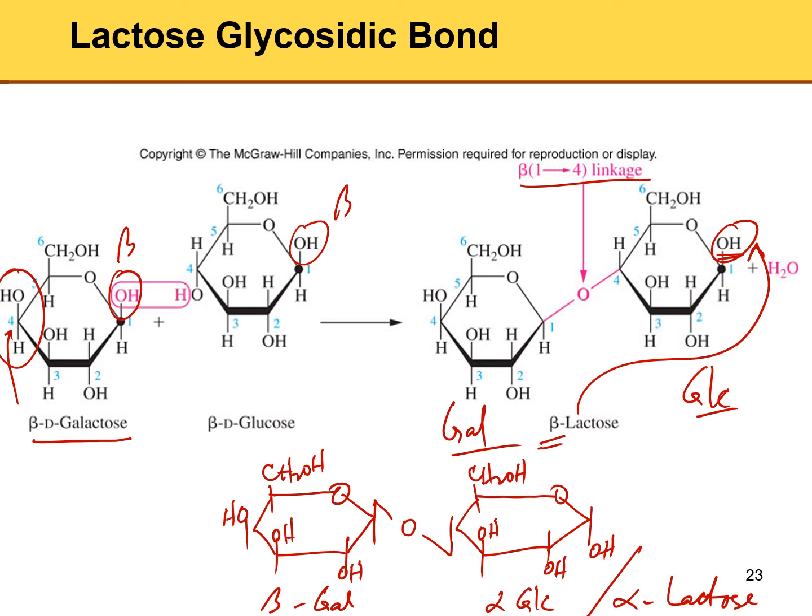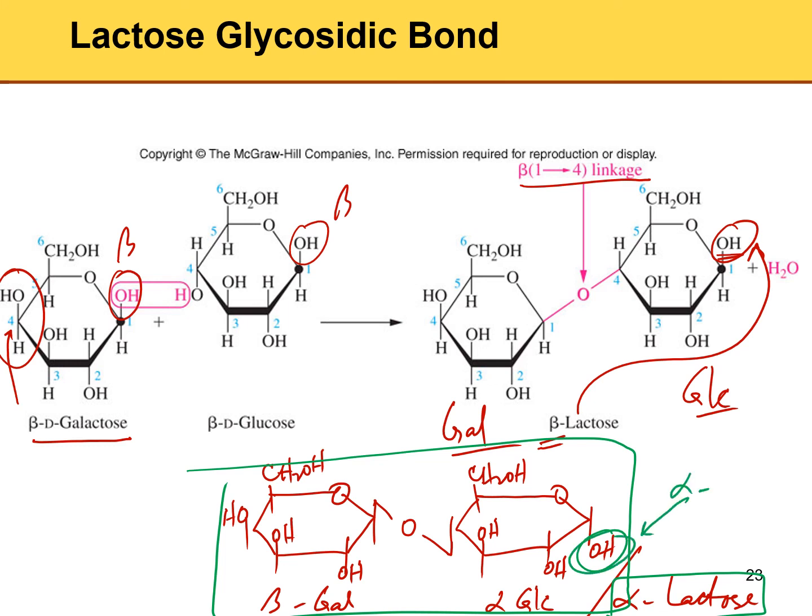Or as they have drawn, I can draw one up, one down, but this is perfectly fine to draw it like this. And then what you get is alpha lactose.